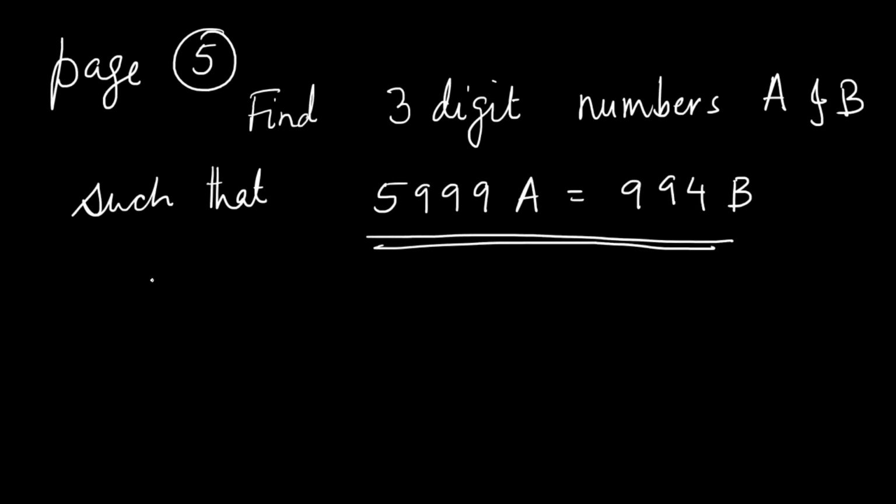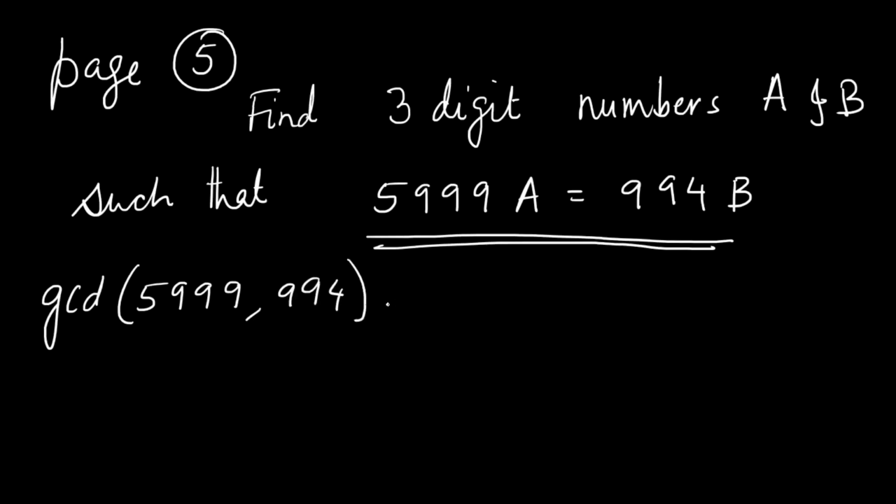It's very interesting. First of all, notice that the GCD, the greatest common divisor of 5999 and 994, you could use Euclid's algorithm and zoom down on the GCD, and it happens to be 7. So 7 clearly divides both sides, and when you divide both sides by 7, you come to a new equation, which is 857A is equal to 142B.